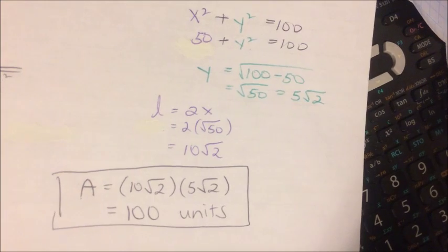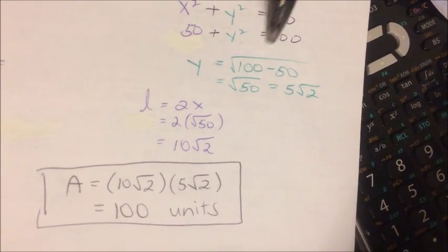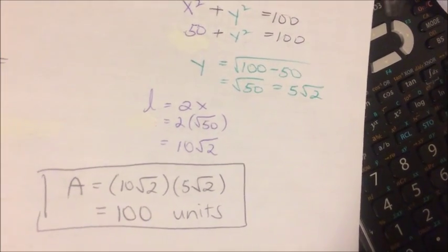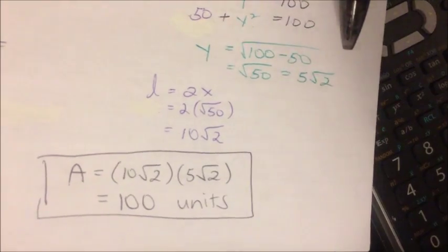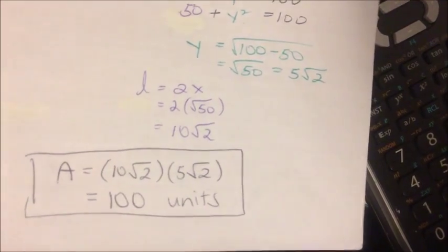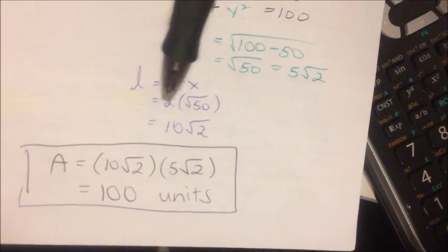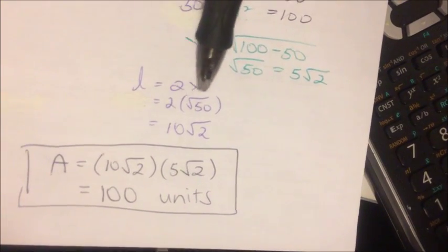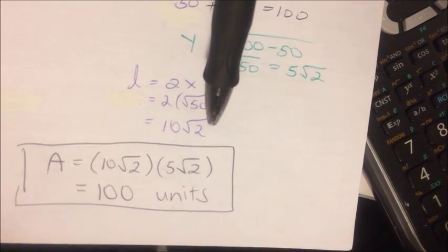So y equals the square root of 100 take away 50, which ends up being y equals 5 root 2. Now we can determine our length, because now we know x. Length equals 2x, which equals 2 multiplied by root 50, which equals 10 root 2.